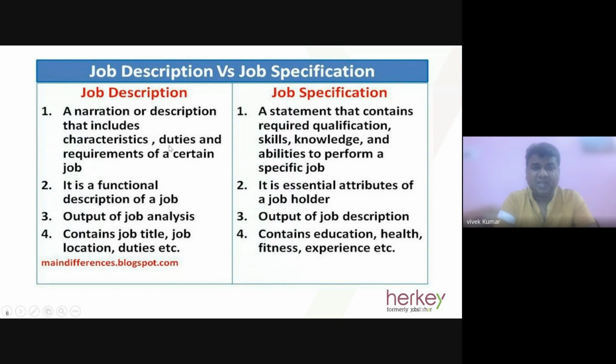Now, duties would be something which is more like the day-to-day tasks of a person. For example, even if you're being hired as a sales manager, one of your day-to-day tasks could be that you prepare a daily sales report and you upload that into the CRM or the MIS, whatever the company operates on.